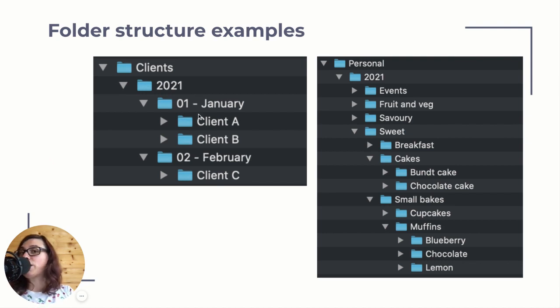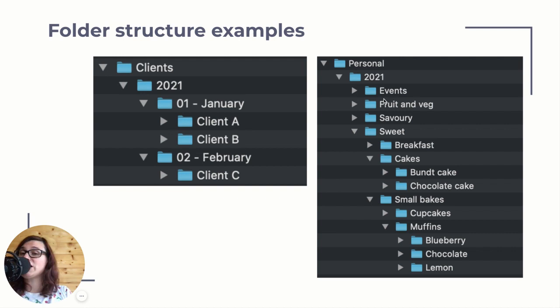For my client work, the way my brain works is that it's easy to remember what year I did what client, and oftentimes for tax and business purposes, all my invoices are organized by a timeline, because that's more helpful when you do business stuff. I prefer to divide my client work into years and then months, and then for each month, all the projects that I worked on in that month.